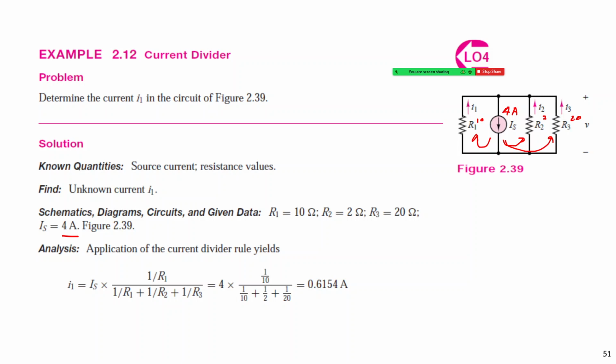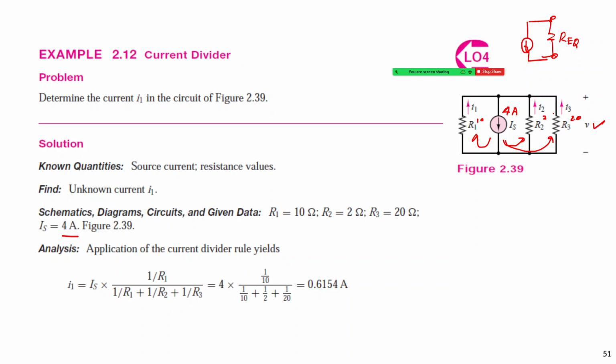This circuit can be solved by computing the equivalent resistance first, then you can get the voltage V across its terminals, and then you will get the current of each element later. You can solve by this method also.